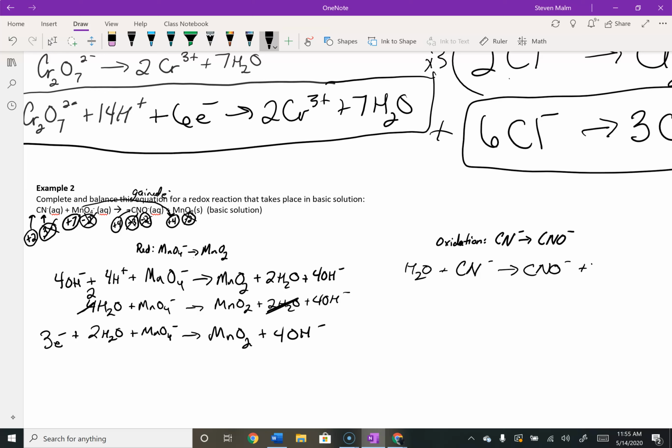In doing that, I'm going to add 2 H pluses here as the next step. Then I'm going to add OHs to both sides because we're still balancing in a basic solution. Then I'm going to combine the H and OH to make 2H2O on the right.